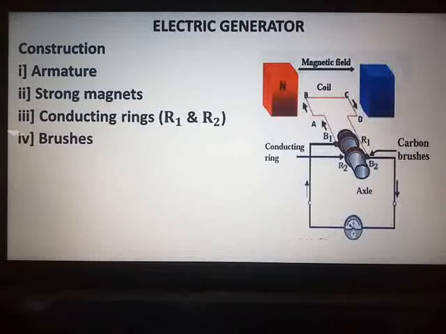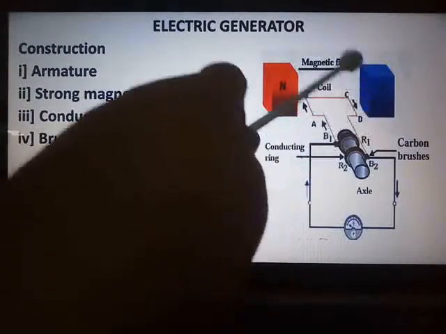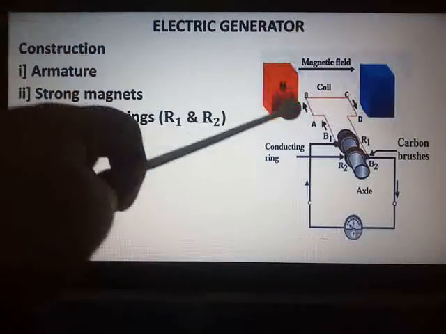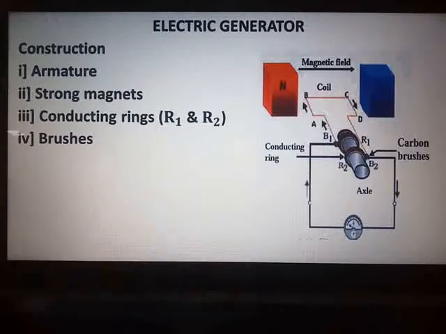So the armature, strong magnets and brushes are the same as used in the electric motor. The 2 ends of the armature coil are connected to the 2 rings, R1 and R2, and these rings rotate along with the armature coil.